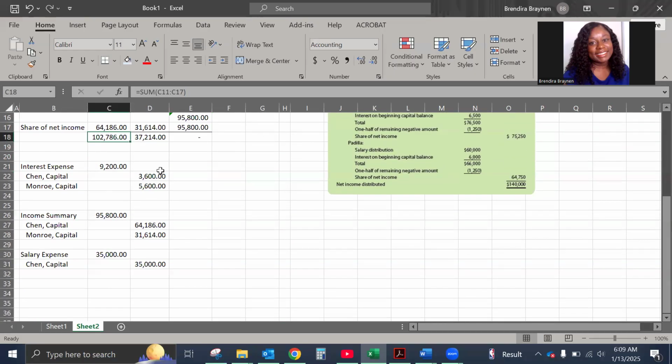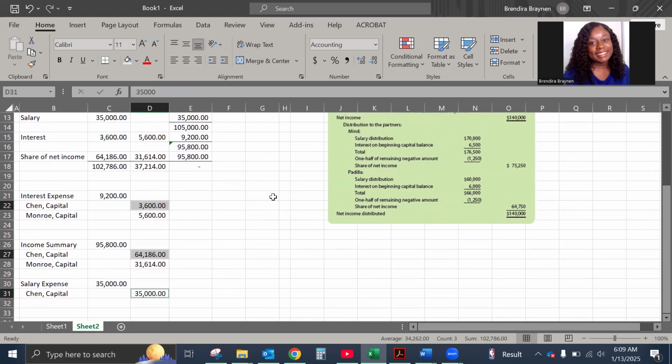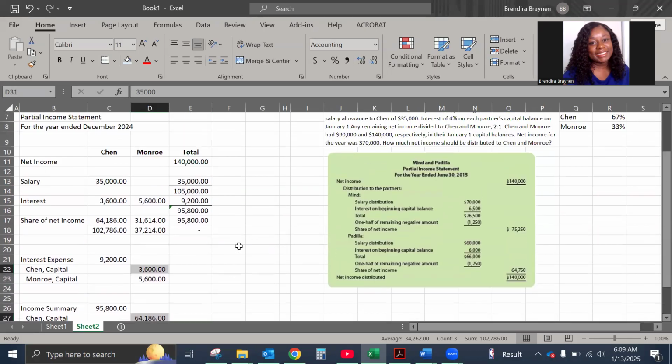If I add up everything that says Chen, so 1, 2, and 3, it's the same 102,786. So in 3 separate entries, Chen's capital account is being credited for the value of the assets. Okay. And so this would be what would be done in this case.